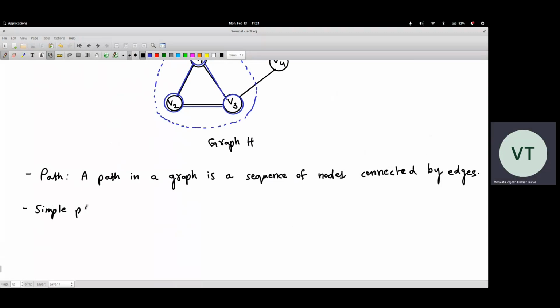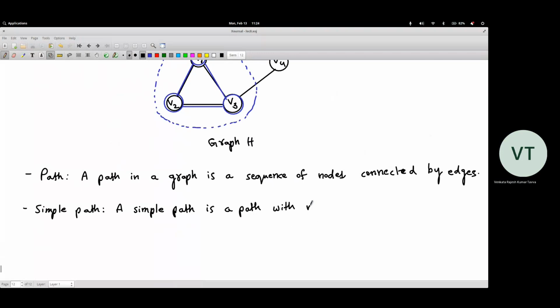Then what is a simple path? A simple path is a path with no repeating nodes.